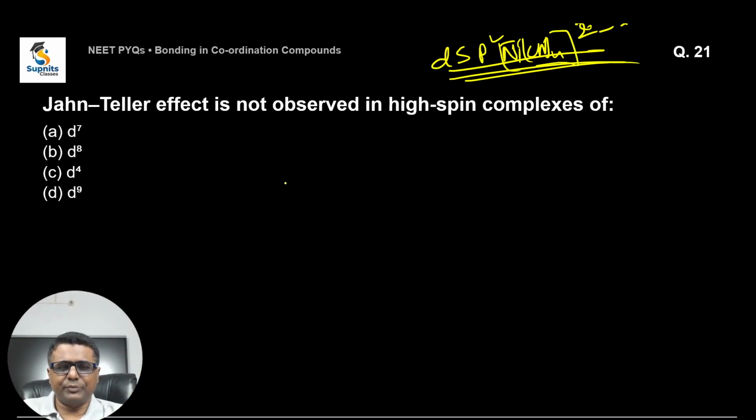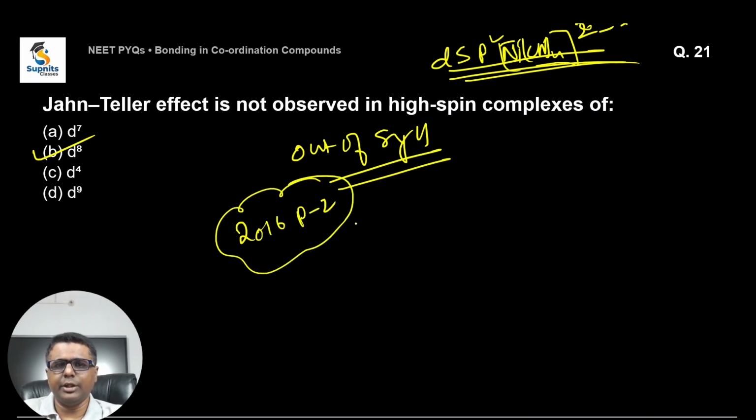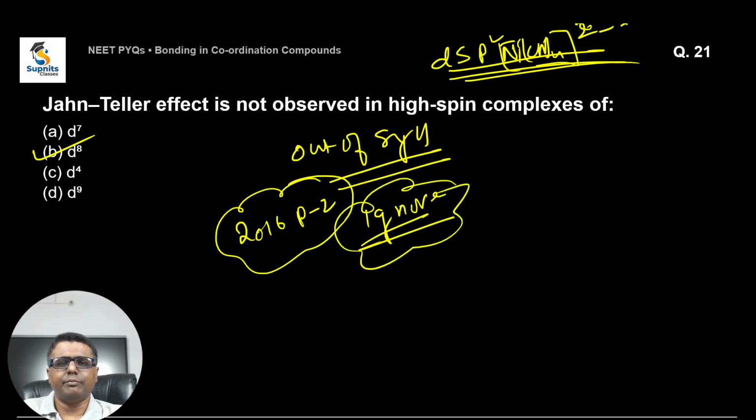Jahn-Teller, now this is out of syllabus. This is out of syllabus. I can tell you the answer will be 2 over here, but this is out of syllabus. This was asked in NEET 2016 phase 2. You have to ignore this. Yes, I am telling you rightly. Don't get overwhelmed. No, we will read this also, we will read everything and go. If you get into all this, the real work will not get done. Okay?